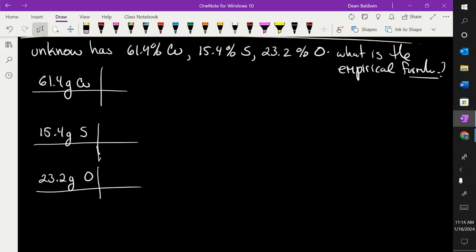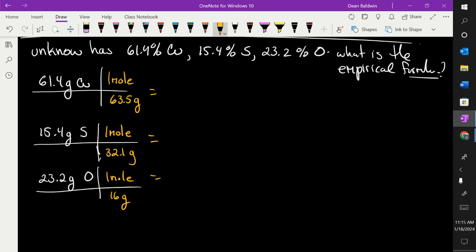For copper, 1 mole is 63.5 grams. For sulfur, 1 mole is 32.1. And for oxygen, 1 mole is 16. Because then the grams cancel and you're left with moles.